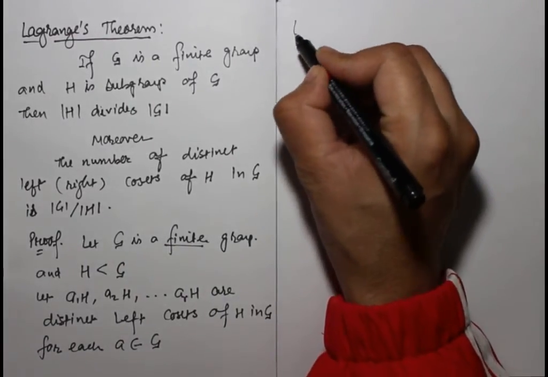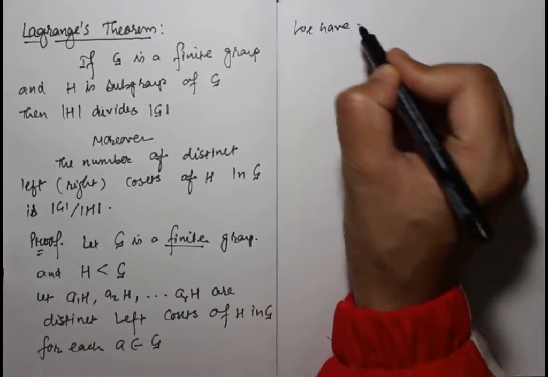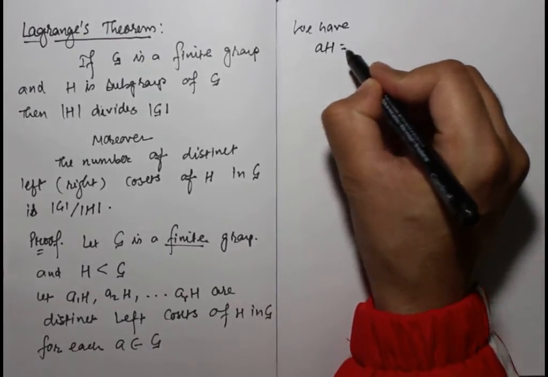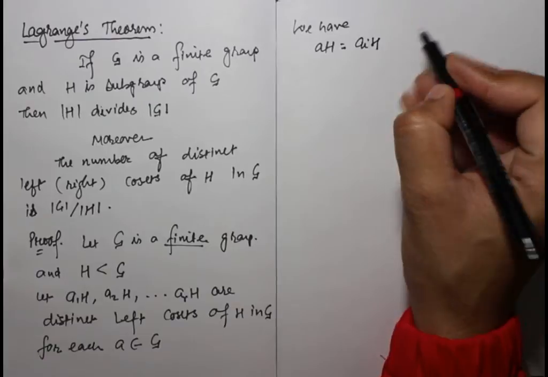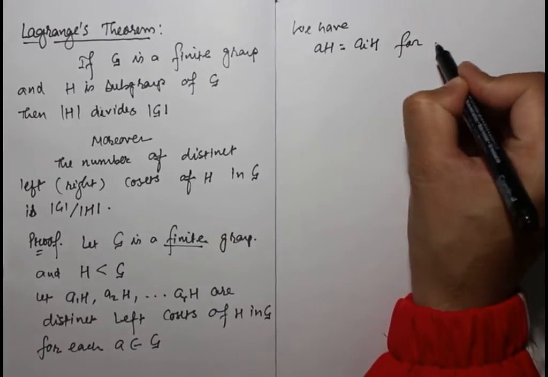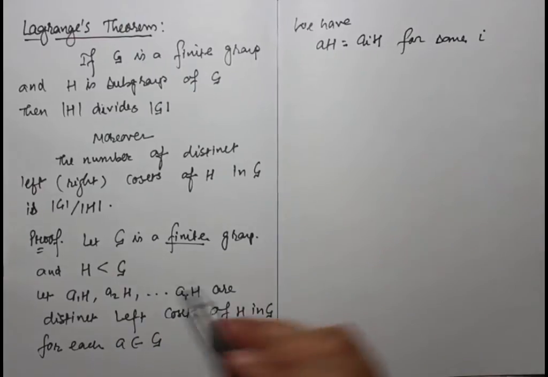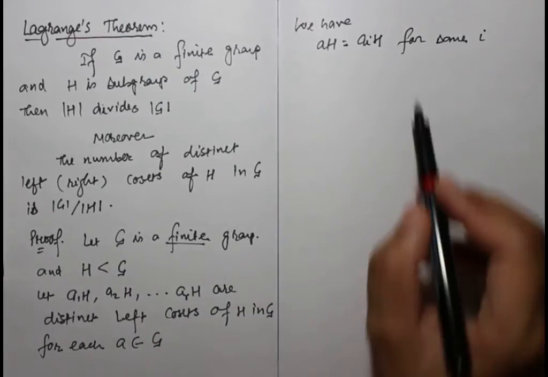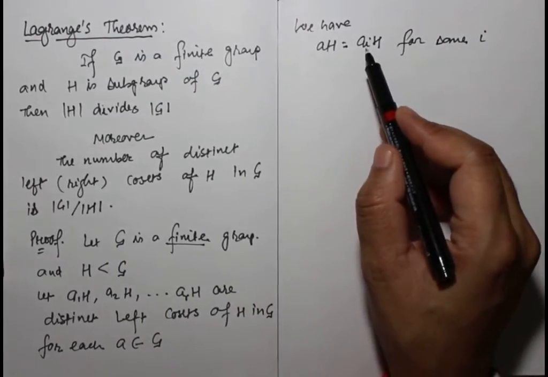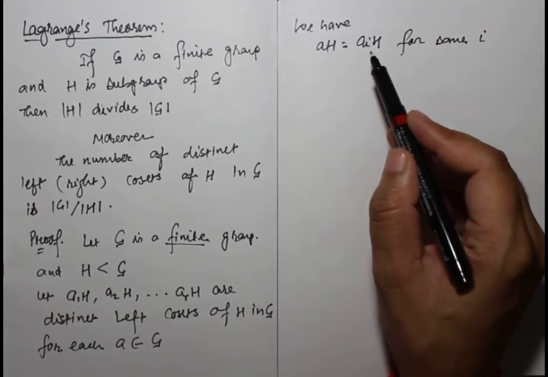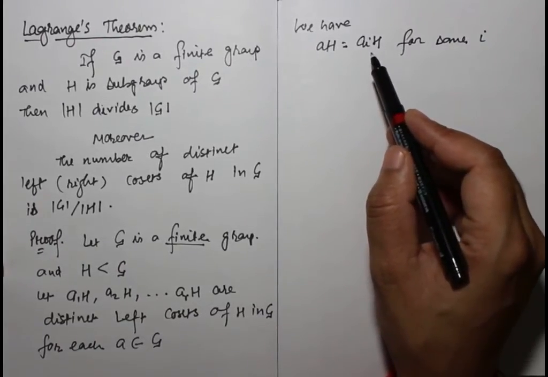Here we have AH equals AIH for some I, because AI means A1, maybe A2, A3 and so on AR.